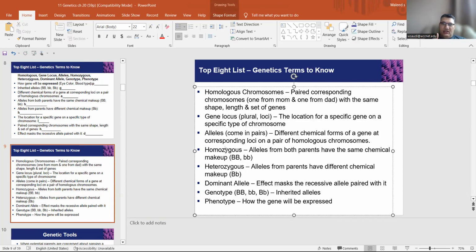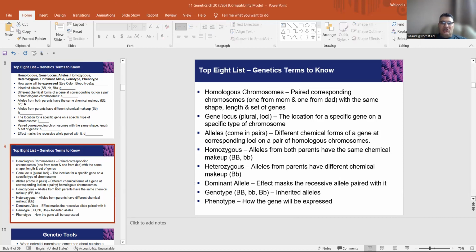Uppercase B, or lowercase b. Hetero, different. One uppercase, one lowercase. Dominant is the one that's going to mask the recessive, like brown masks the blue. Genotype is what the alleles themselves on the chromosomes that you can see. Phenotype is what is expressed already and it is observable.